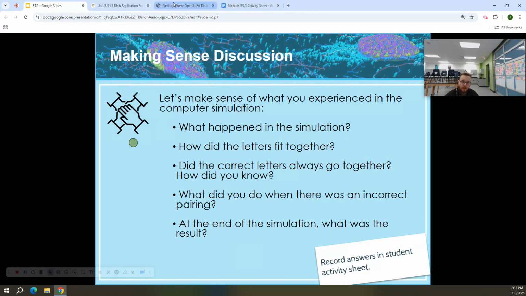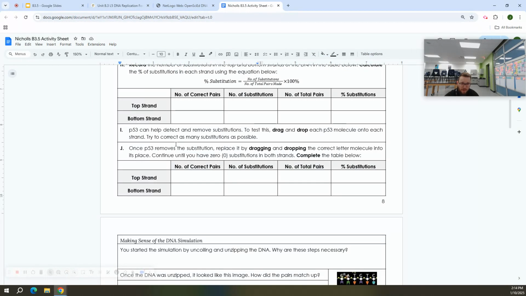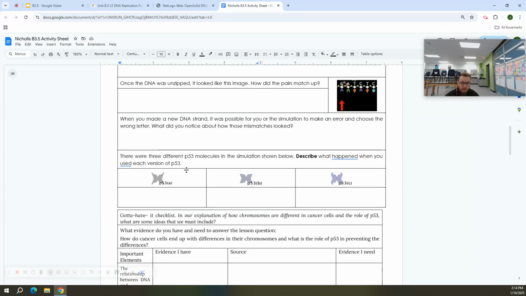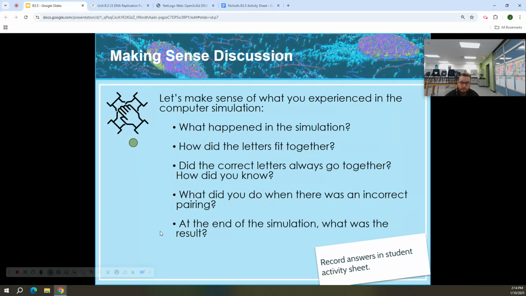So at the end of the simulation, right after I've gone through and I've made my DNA strands and I've thrown P53 in there, what happened? What was the end goal? Okay, how did that help us? And how does that help us understand better what P53 does and what chromosomes do?